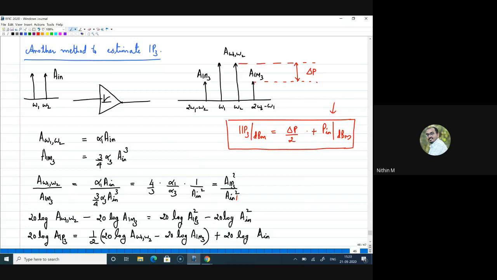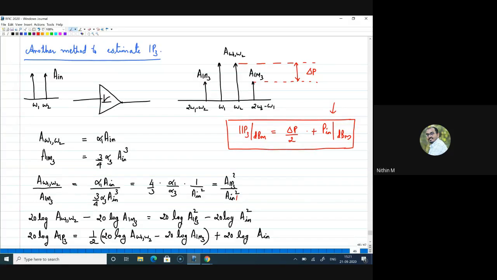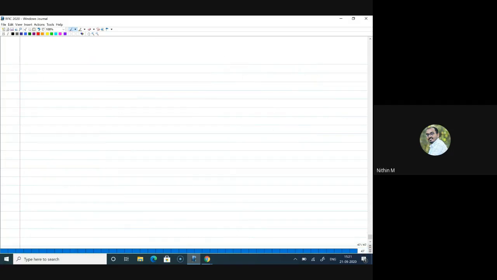Simulators have their own algorithms written for that, and we do not know what is happening at the back end, but still we get a value of IIP3. So for all those back end things, the base is these kinds of analysis, which is what we are studying now. I hope that is clear. Maybe through simulation I can show how we do that.